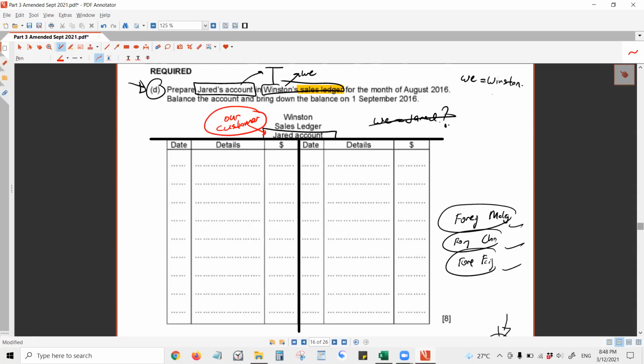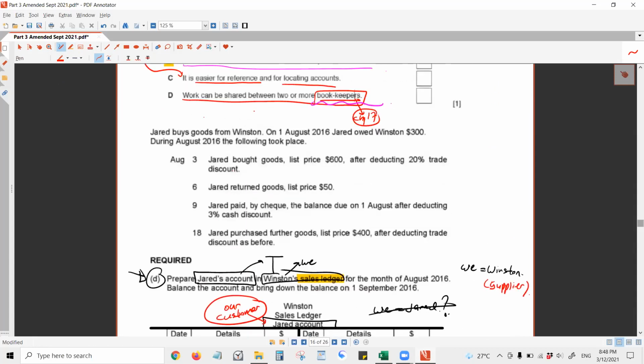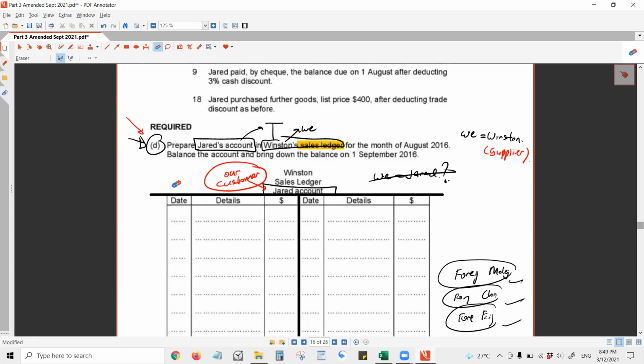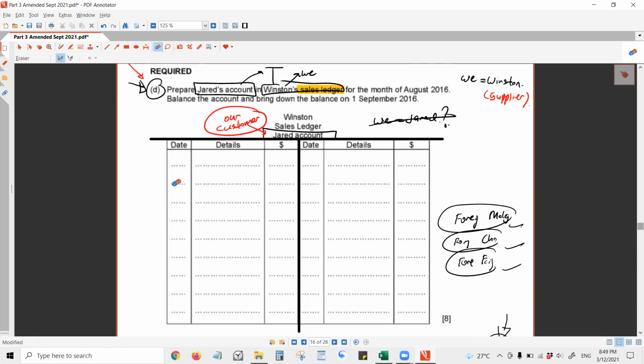That means we are the supplier. Even without looking at all the lines here, I can know who is supplier and who is customer from the sentence here, because of the term sales ledger. And for sure, we are not Jared because we would not open an account of our own name.